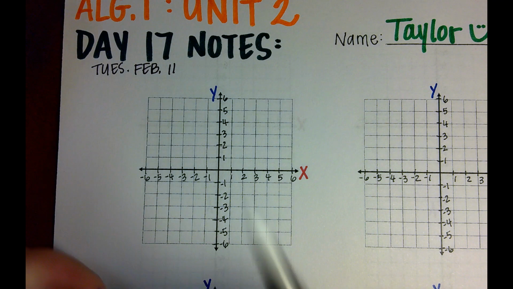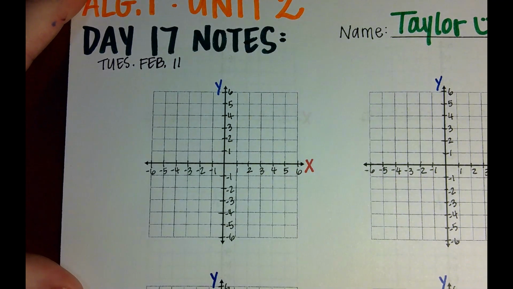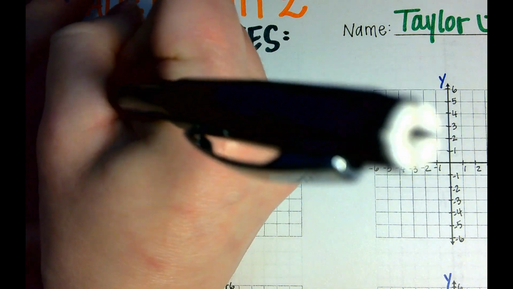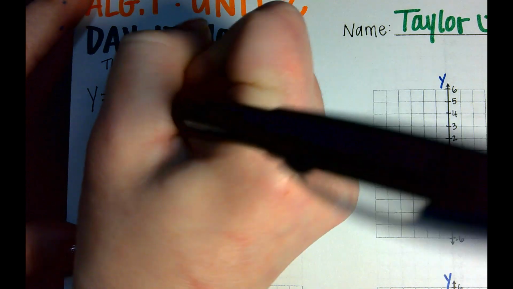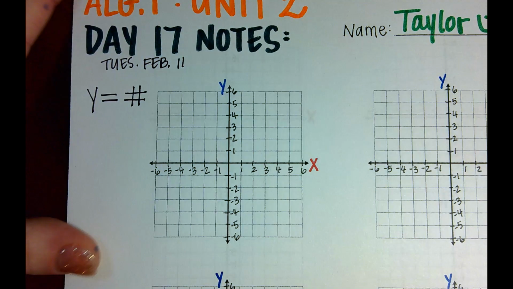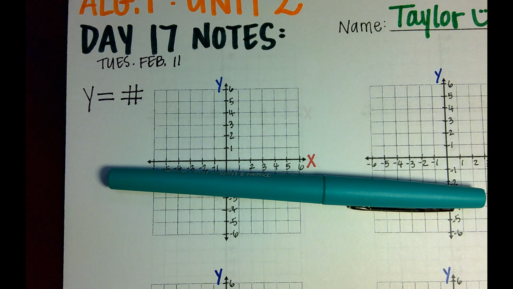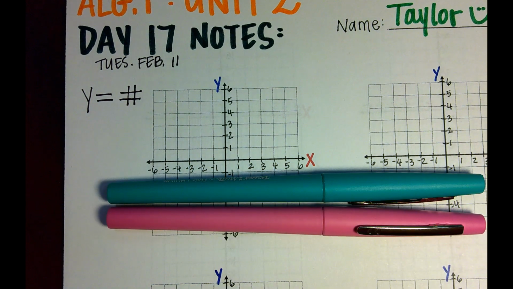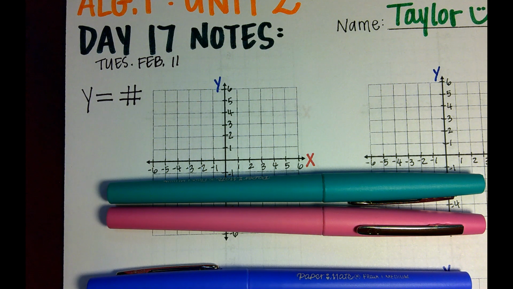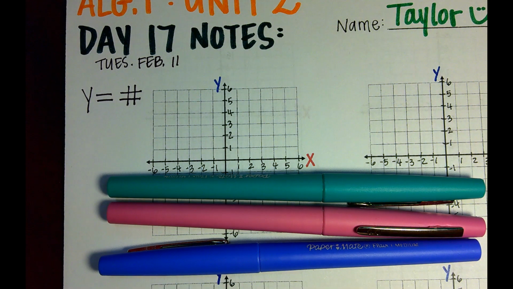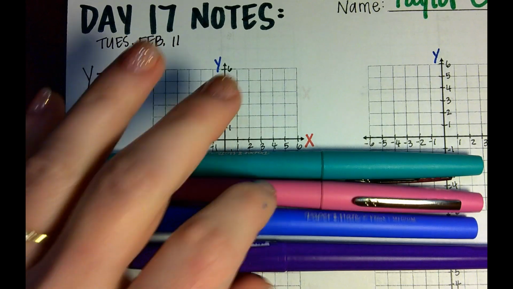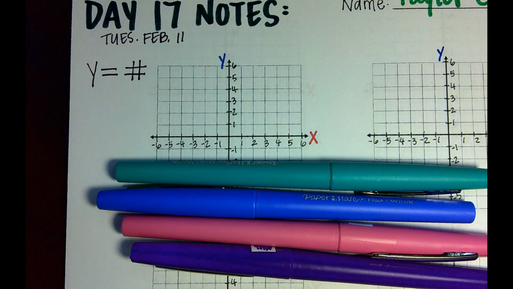So I am beside my first little graph over here, going to write y equals number. And then under it, I'm going to use some colors today. I'll use a green, maybe a pink, maybe a blue, maybe a purple, just a couple different ones to differentiate what we're doing here.